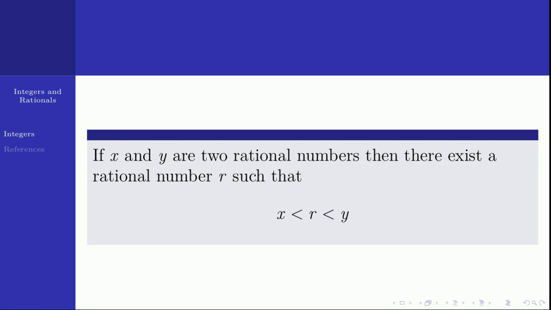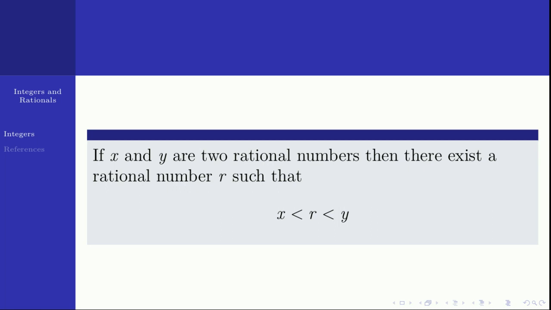There are many ways to fit a rational number between two rational numbers, which you have studied in lower classes. One is taking the arithmetic mean of them, and you will get a rational number between these two numbers. There are other methods also, which you can find yourself.